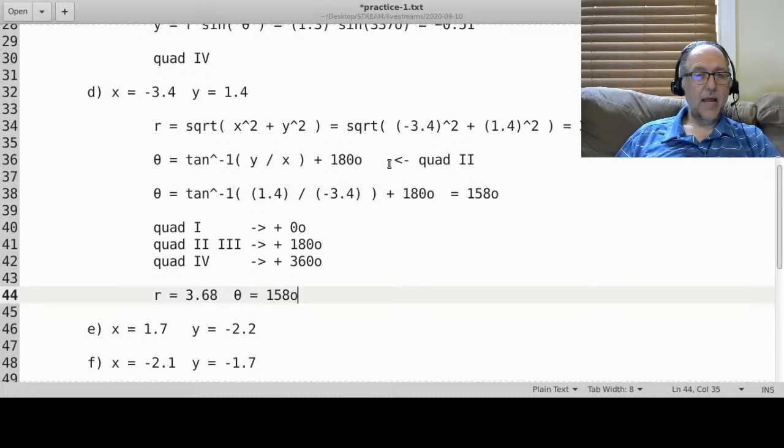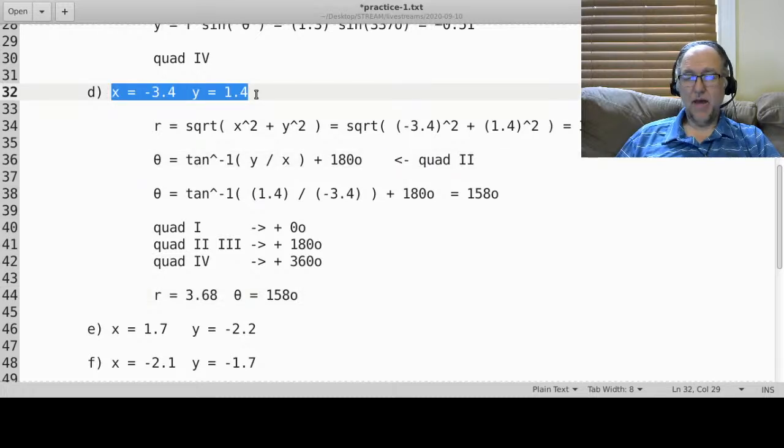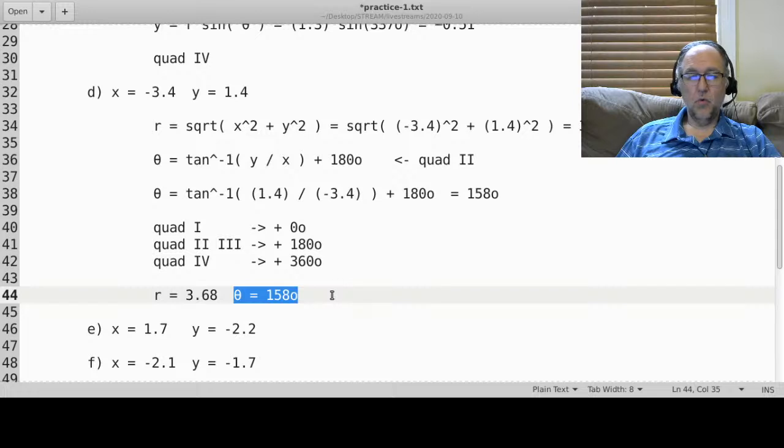Now we decided that this was in quadrant 2, based on your x and y value. Is it in quadrant 2? Quadrant 2 is between 90 and 180. 158 is between 90 and 180 degrees. So there's the answer.